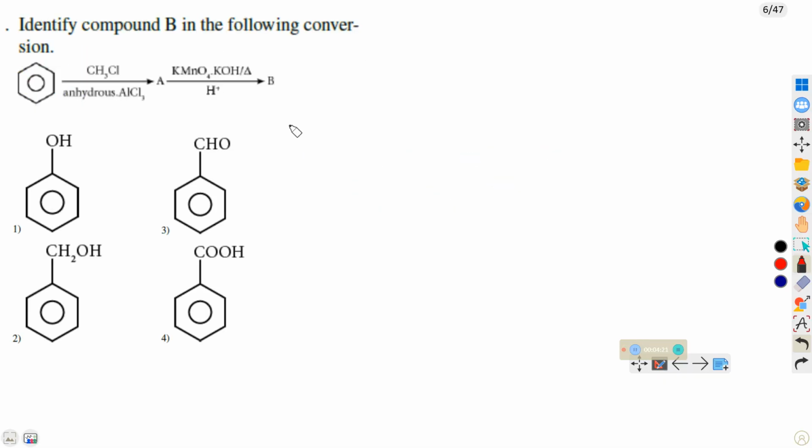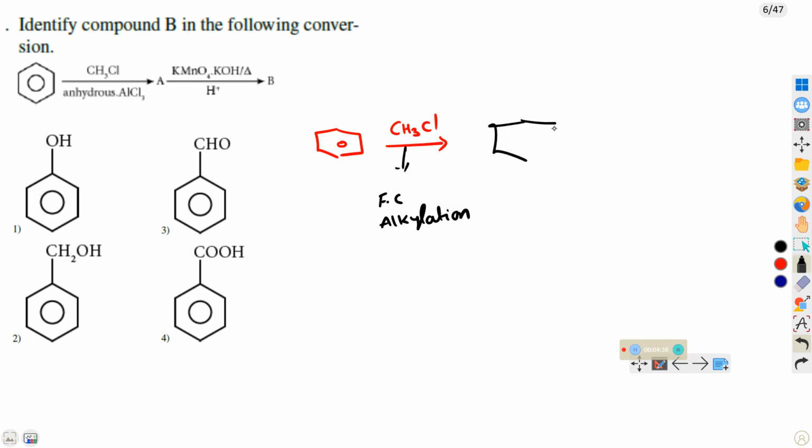Identify compound B in the following conversion. Benzene reacts with CH3Cl. The process is called Friedel-Crafts alkylation, then it gives methyl benzene. Methyl benzene reacts with KMnO4/KOH, further it reacts with H+ ion.